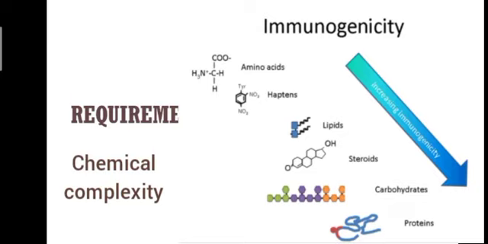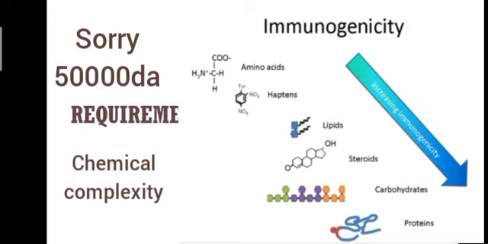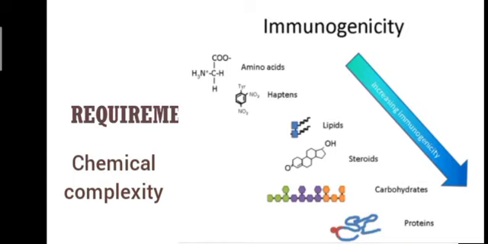Similarly, a homopolymer of poly-gamma-D-glutamic acid, found in the capsular material of Bacillus anthracis, a bacterium, with a molecular weight of 5000 Dalton, is not immunogenic. The absence of immunogenicity of these compounds, although of high molecular weight, is because they are not sufficiently chemically complex. Virtually all proteins are immunogenic.